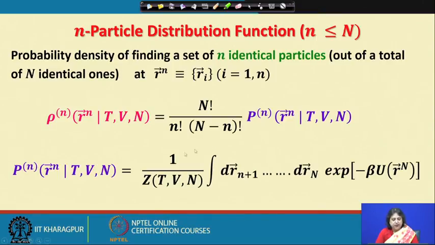So, let me remind you that we have already said that this P n is nothing but the integral over dr n plus 1 to dr N of e to the power of minus beta U N (r N) by Z(T, V, N).